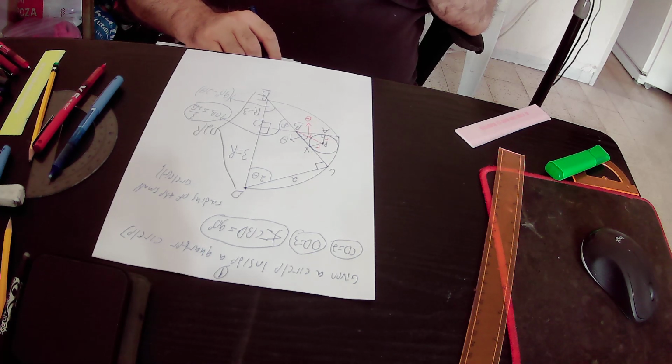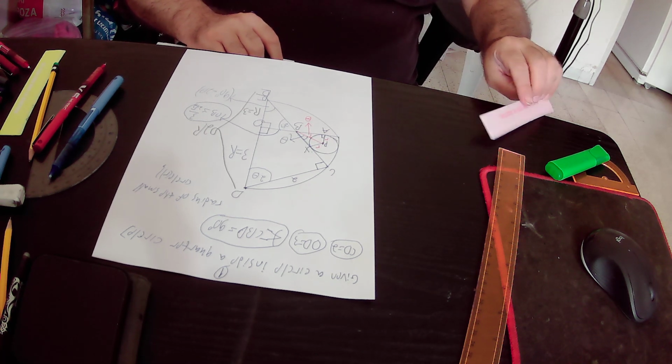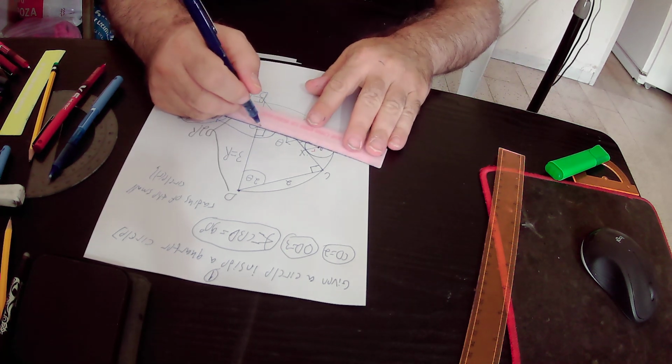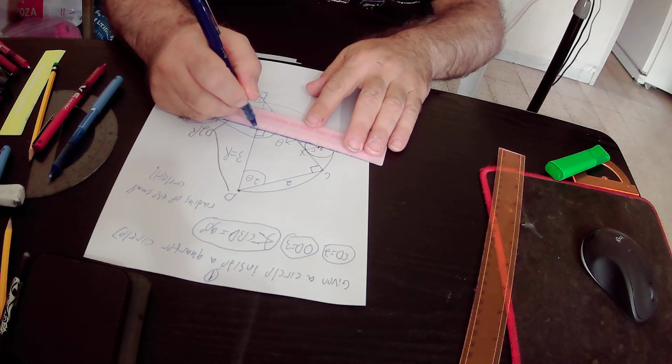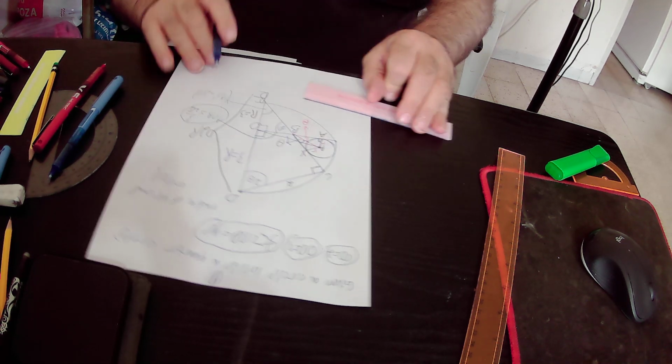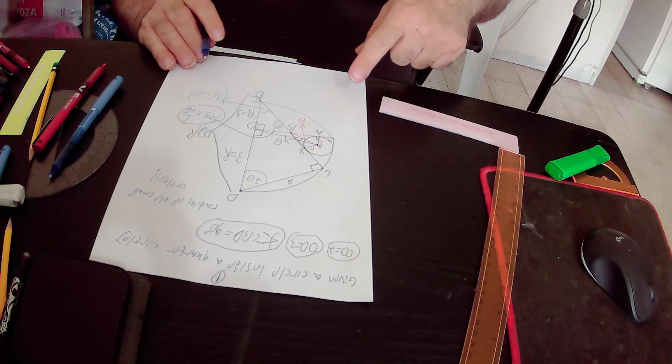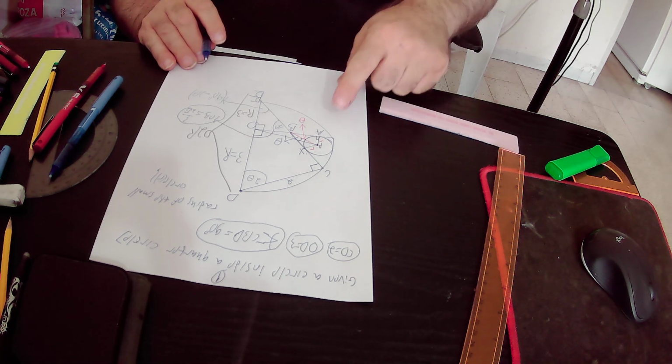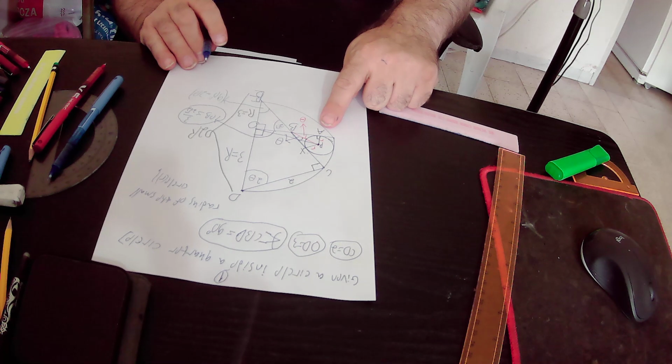So in the next step we will join together points P and O by a straight line. Actually triangle APO is a right triangle because angle OAP is a right angle.